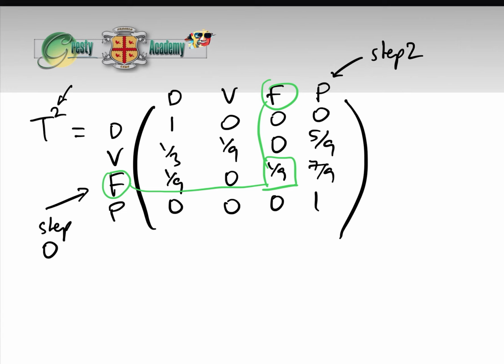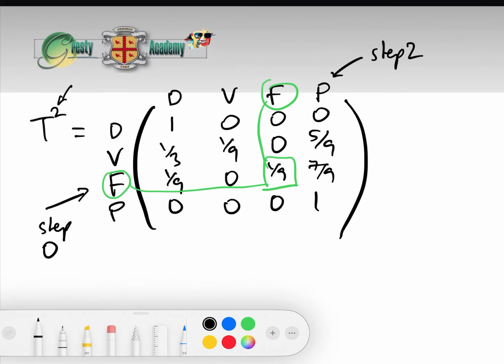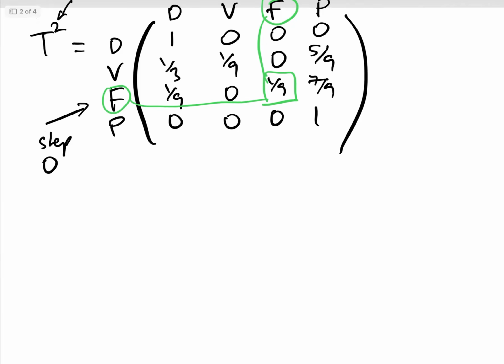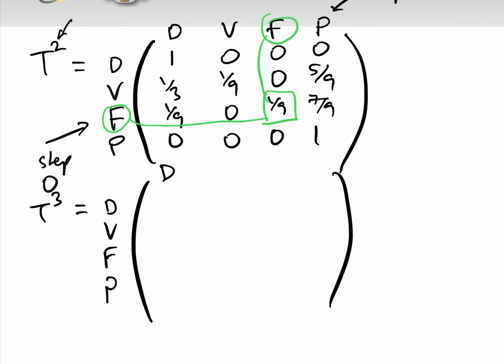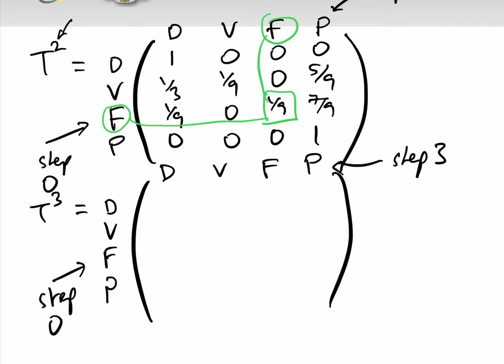All right, now let's do t cubed, because t cubed will tell us what the situation is at step 3. And again, you would do this with a matrix multiplier, some form of calculator. This again is at step 0, and this now is at step 3.